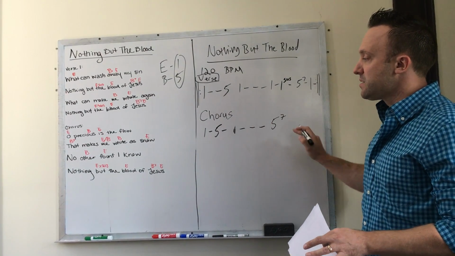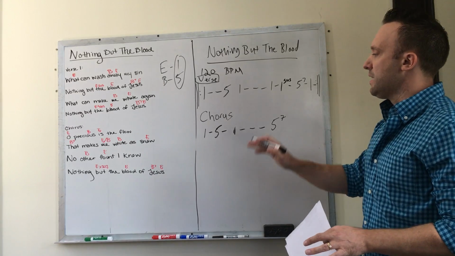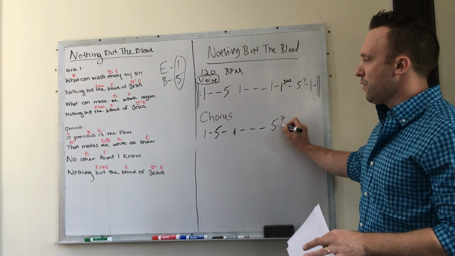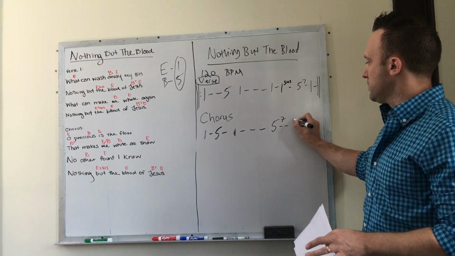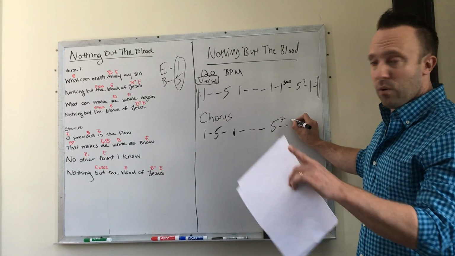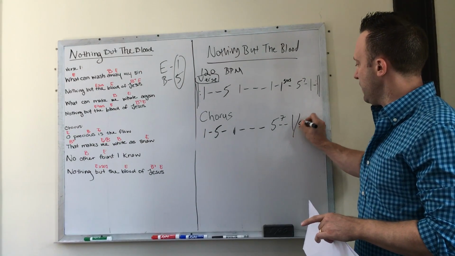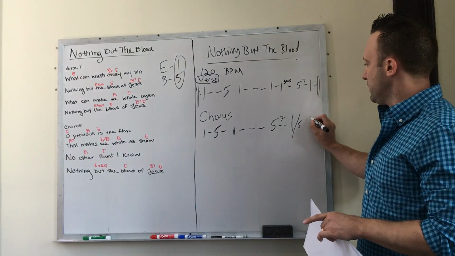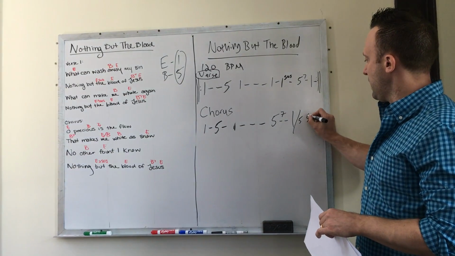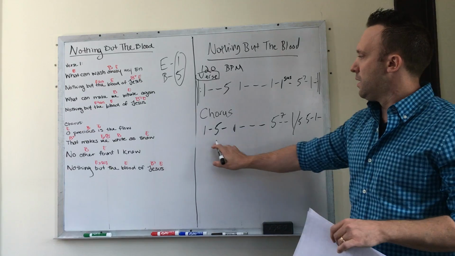That makes me white as snow. So we have an E over B on the beat 4. 1, 2. So we have E, which is our 1 over 5. And then we have our snow is 5 dash 1 dash.